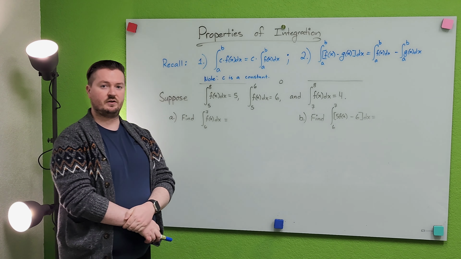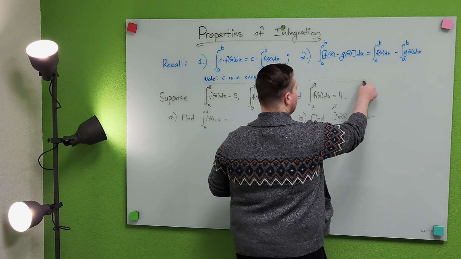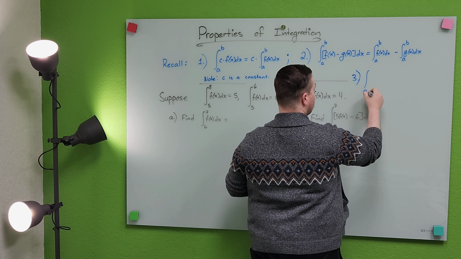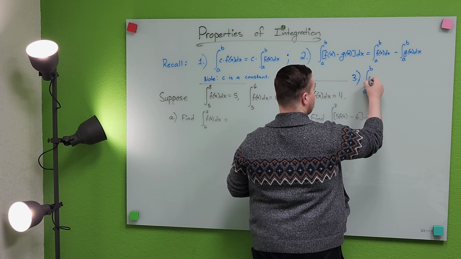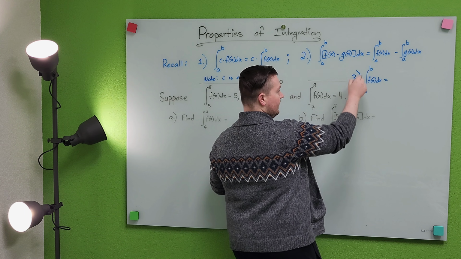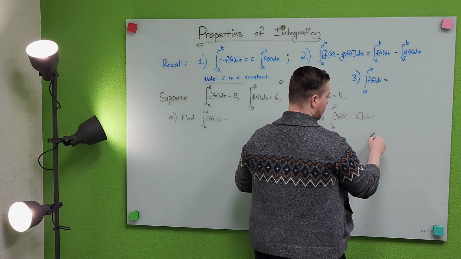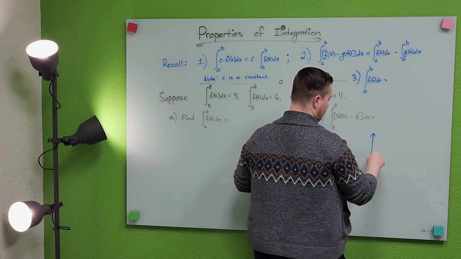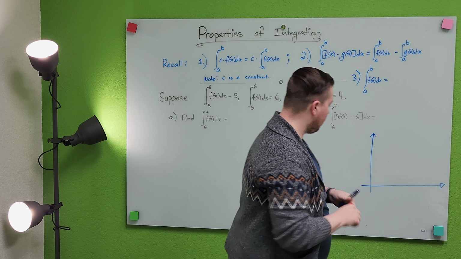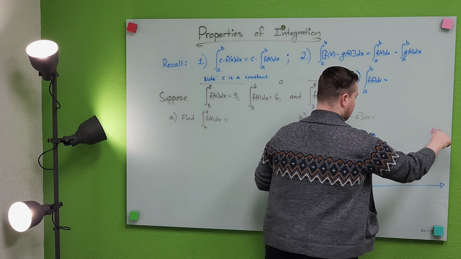There actually is one more integration rule I haven't mentioned, which I will put up over here. If you have one integral going from a to b of a function, you can split up this interval a to b into multiple integrals. Let's say we have this picture right here. I'm going to ultimately erase this, so pay attention while it's here. If we have a curve that goes like this, this is f of x.